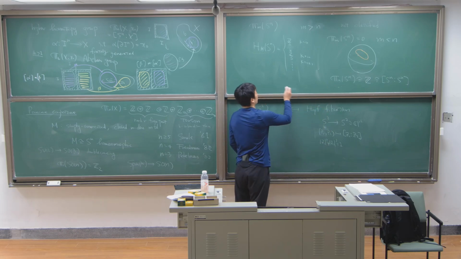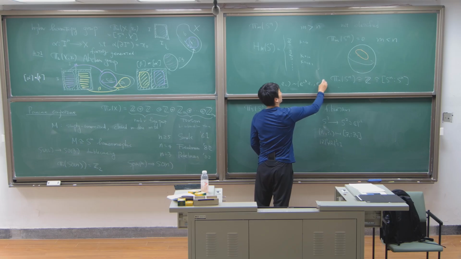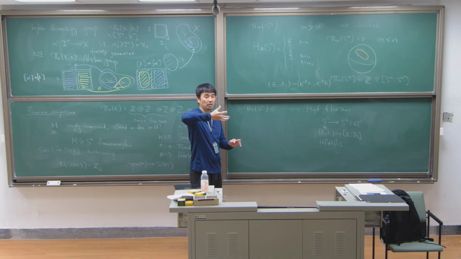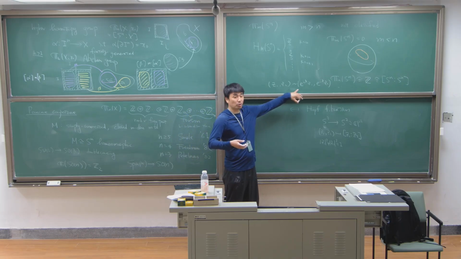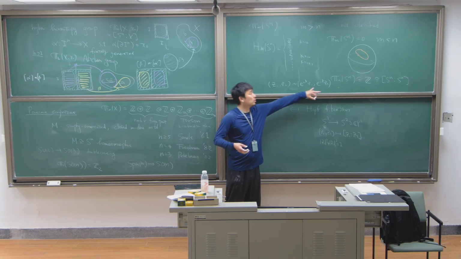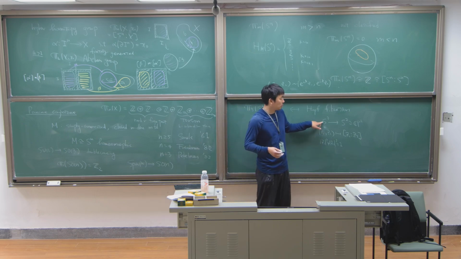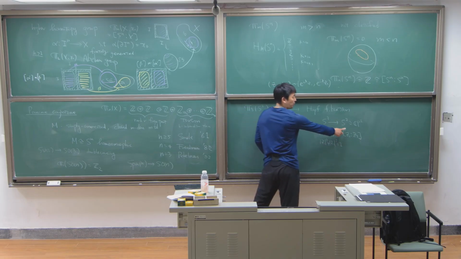So CP1 is essentially (Z1, Z2) equivalent to (e^{i lambda} Z1, e^{i lambda} Z2). So that's CP1. You just identify the sphere up to phase equivalence. CP1 is isomorphic to S2, so there is a map from S3 to S2.